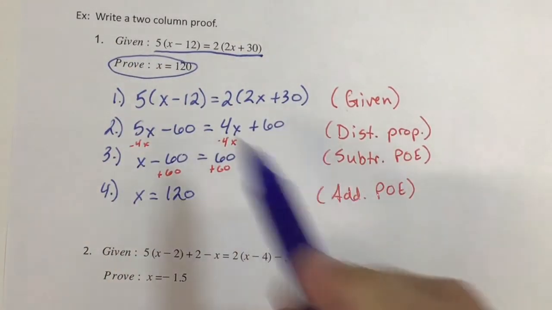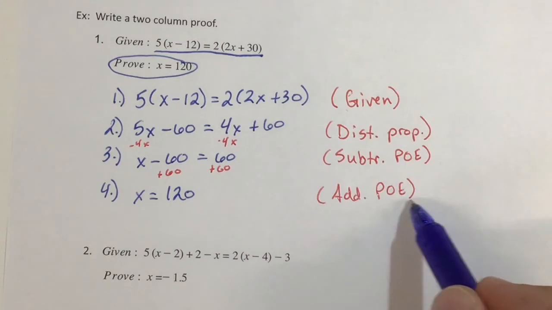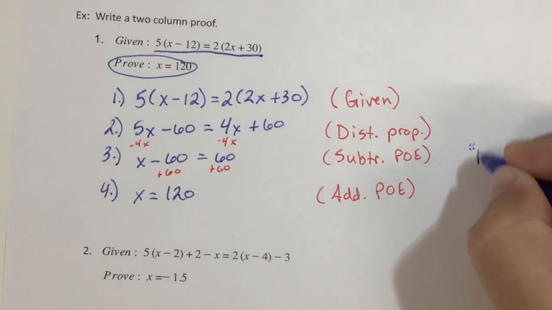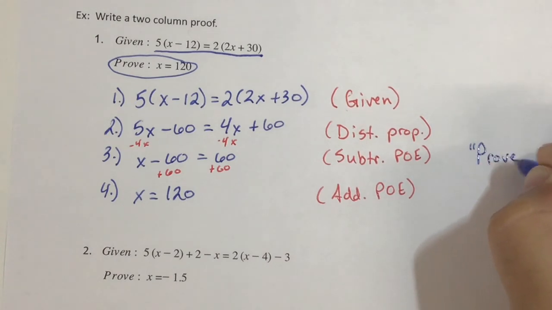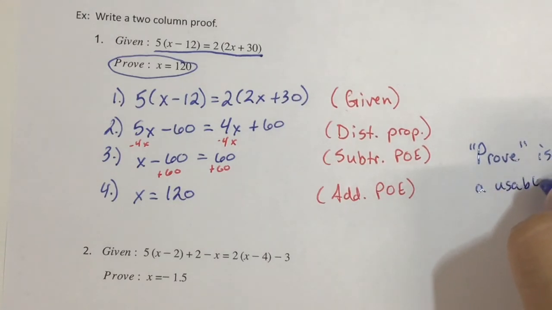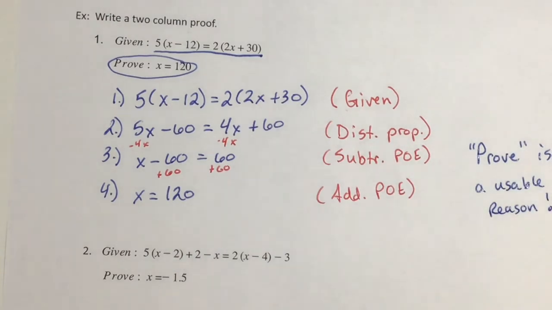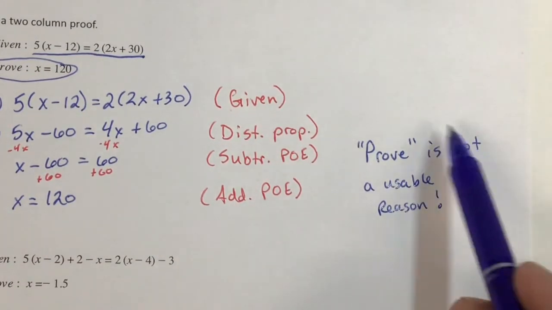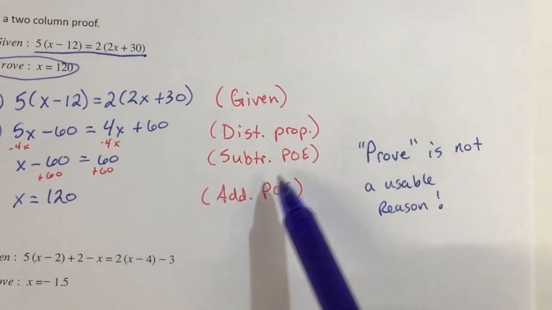Notice I did not write the word prove as a reason. And over here where you have room, write this down, please. Prove is not a usable reason. You cannot use the word prove in parentheses as a reason.